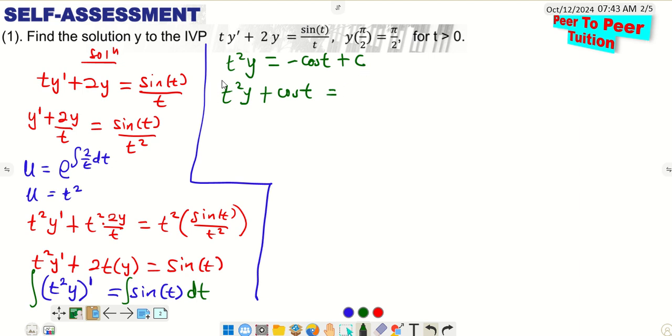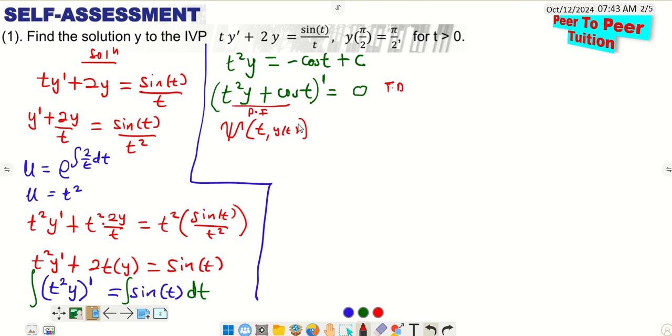If I take the total derivative of this, it will be equal to 0. This is what we call the total derivative, and the function inside is called the potential function. The potential function is expressed in functional notation as a function of t and the dependent variable y of t.